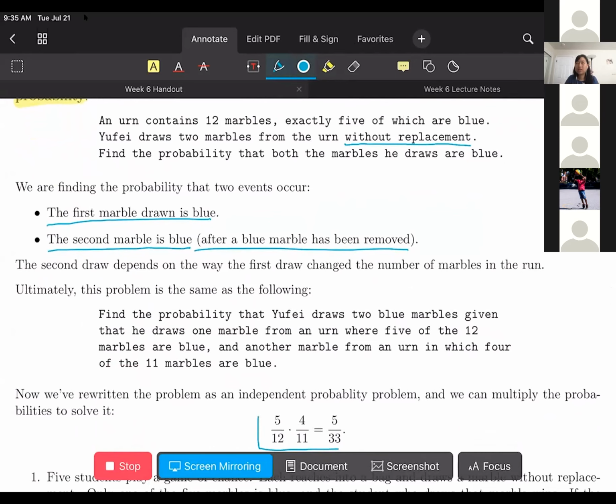So does everyone see why the dependent part changes the probability calculation? Yeah.